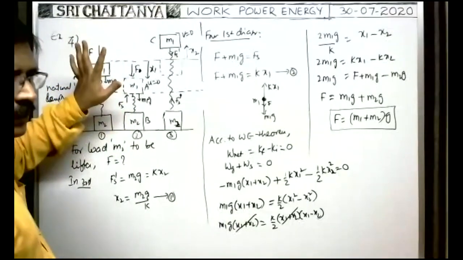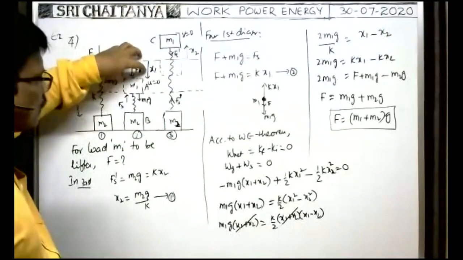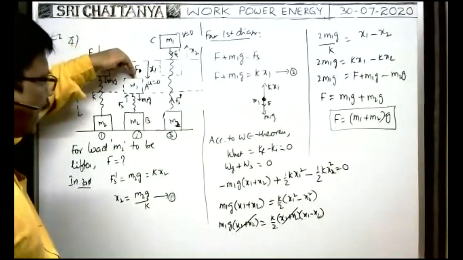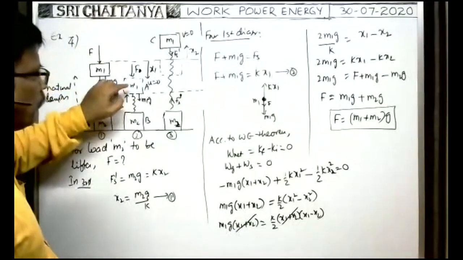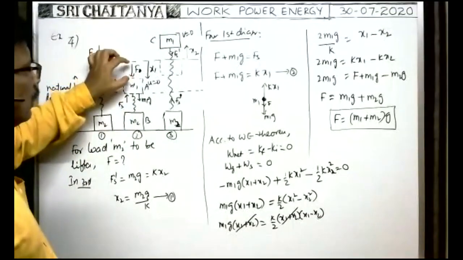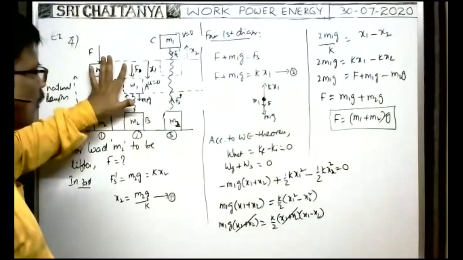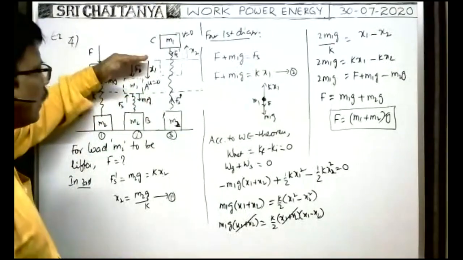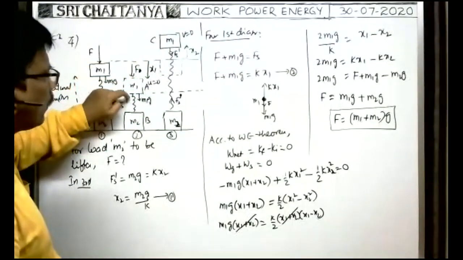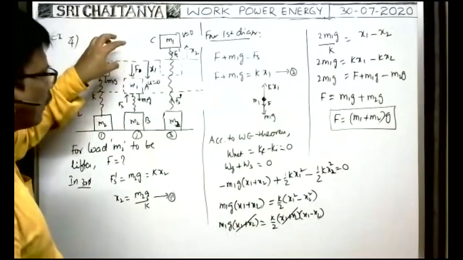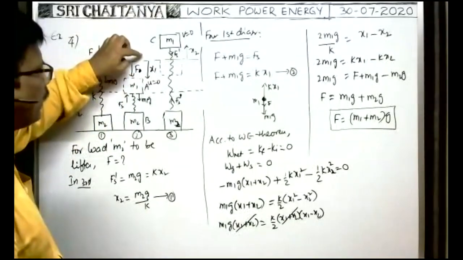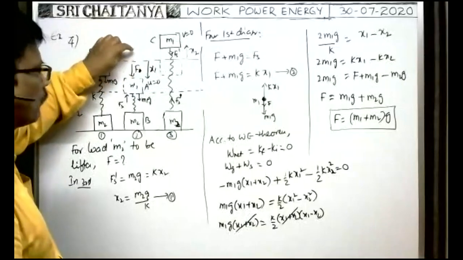Whenever this block comes to the original position, weight m1z only acts and no spring force is there, because the spring is at natural length. But while moving upwards, because of work done by the spring force on the block upwards, the block acquires some kinetic energy whenever it reaches the original position.